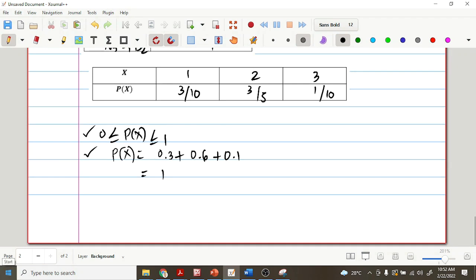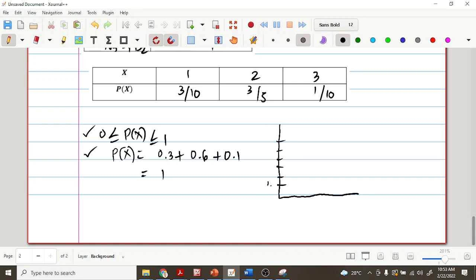Ang next na step ay paggawa ng ating histogram. This will be, sabihin na natin ito ay 1, 2, 3, 4, 5, and 6.